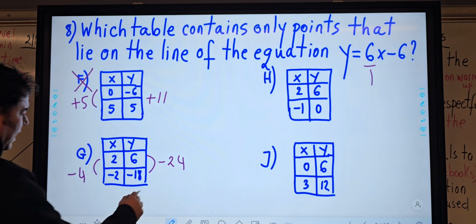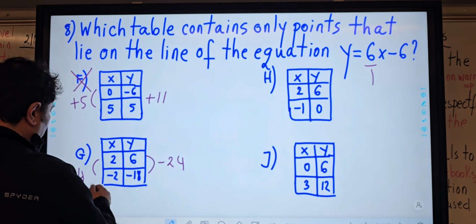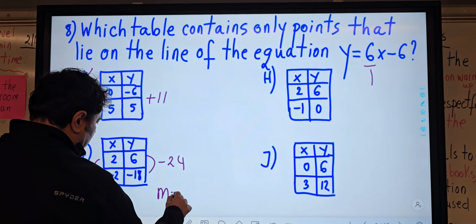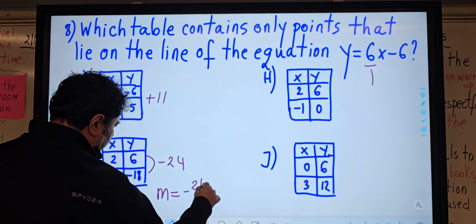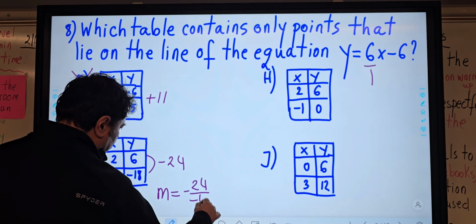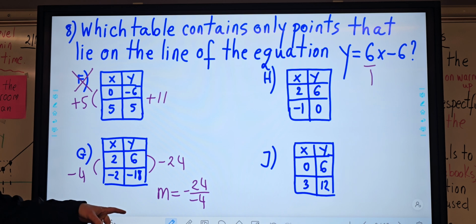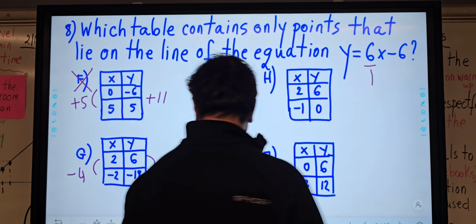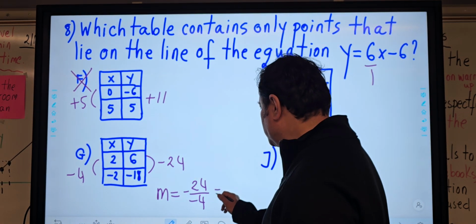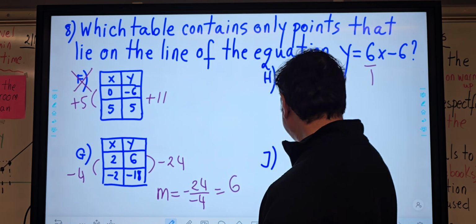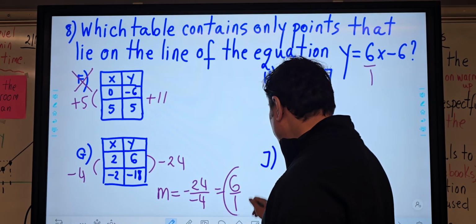And again, the rate is m equals negative 24 divided by negative 4. Negative divided by negative becomes a positive, and 24 divided by 4 becomes 6. Okay, we got 6 here, or we can write 6 over 1.